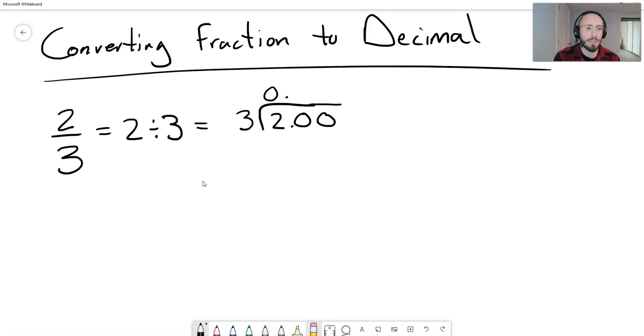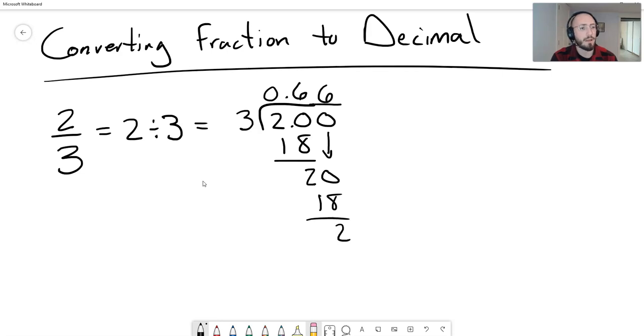3 goes into 20 6 times. 6 times 3 is 18. Again, we ignore this decimal point here. That doesn't matter for the purpose of dividing. 20 minus 18 is 2. We bring down our 0 and we get 20 again. 3 goes into 20 6 times again. 6 times 3 is 18.